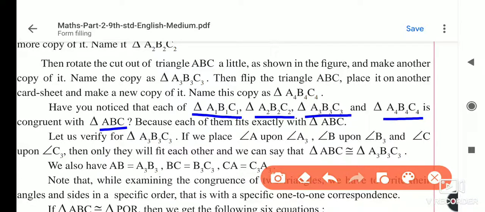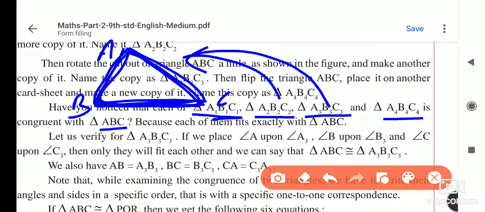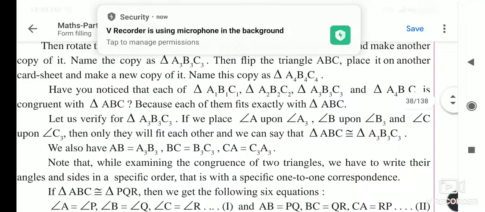Means if we keep A1, B1, C1 on triangle ABC, it exactly overlaps triangle ABC. If you just adjust the margins, you will see it also exactly matches and covers all of ABC. Same with A3, B3, C3, and A4, B4, C4. Why? Because it exactly coincides with triangle ABC.